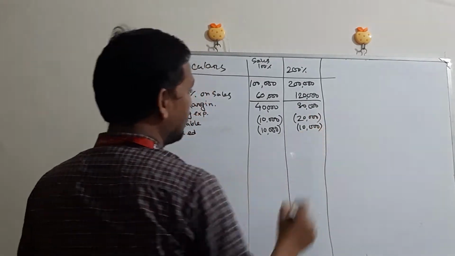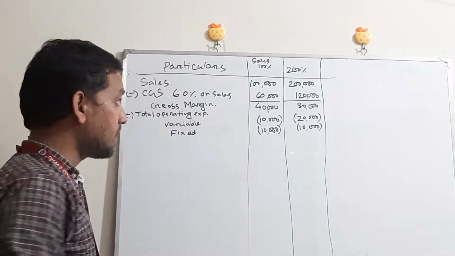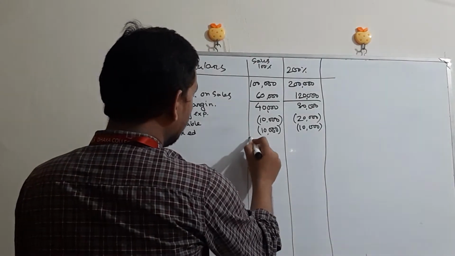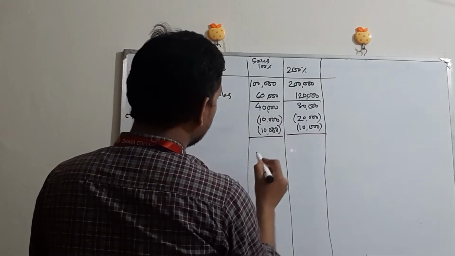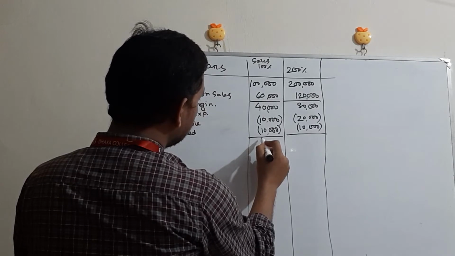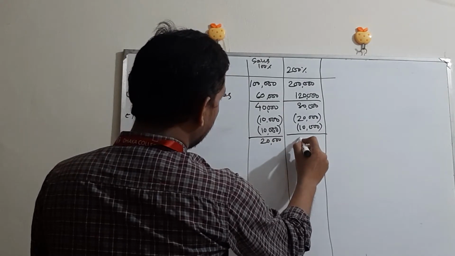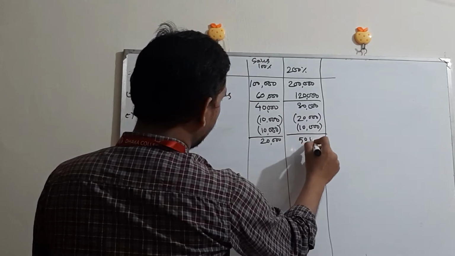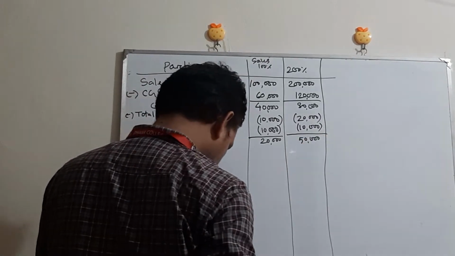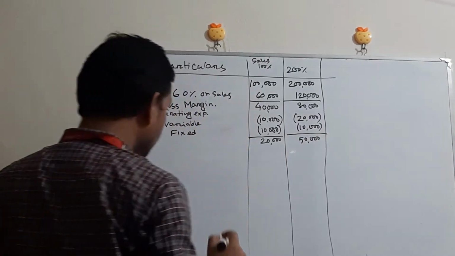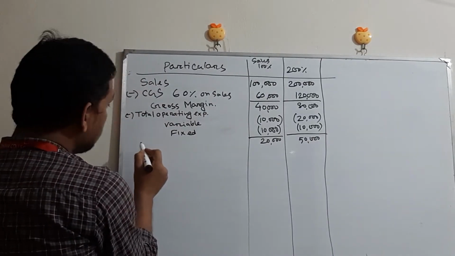It should be deducted from 80,000 taka. So here the result is 20,000 taka and then 50,000 taka.